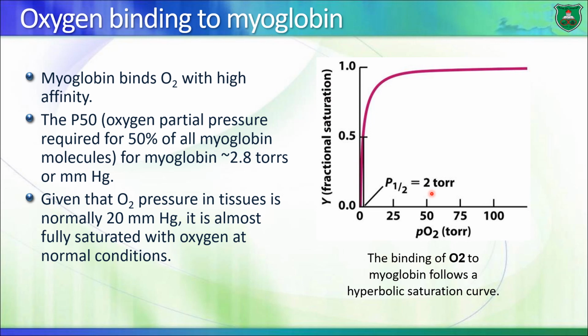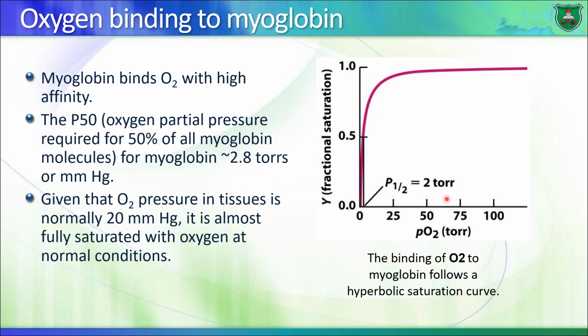So the idea here is that if I ask you, what is the P50? What is the pressure of oxygen where 50% of myoglobin is bound to oxygen? You say it is 2 torr. The pressure of oxygen that is needed to fill 50% or to saturate 50% of myoglobin molecules is 2 torr.